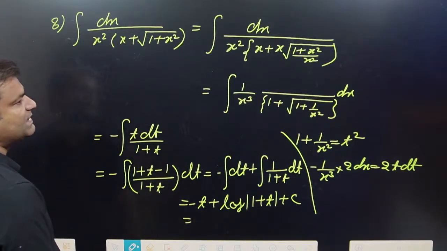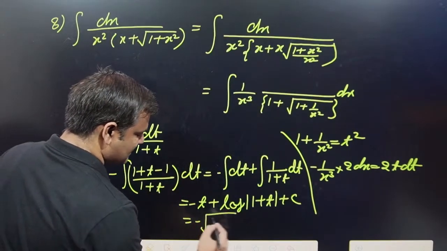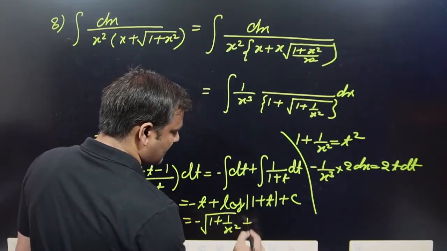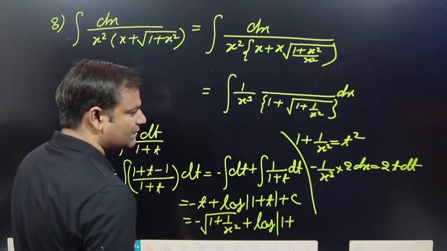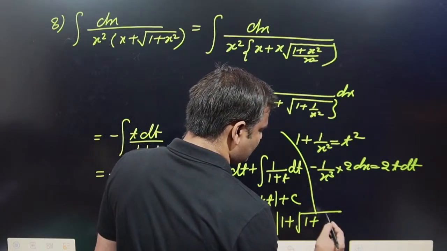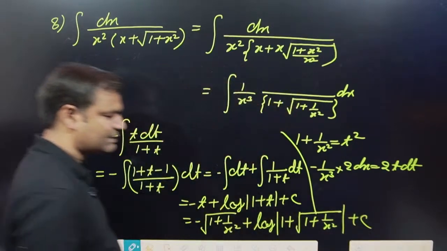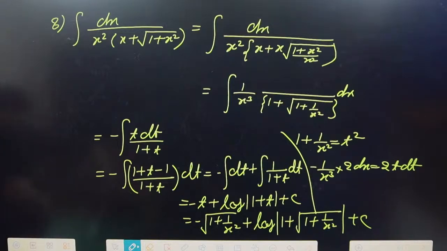Okay, and t is basically 1 plus 1 by x square, and log of 1 plus t is basically under root 1 plus under root 1 plus x square, plus c is the right answer. Okay, make it. I hope so clear.